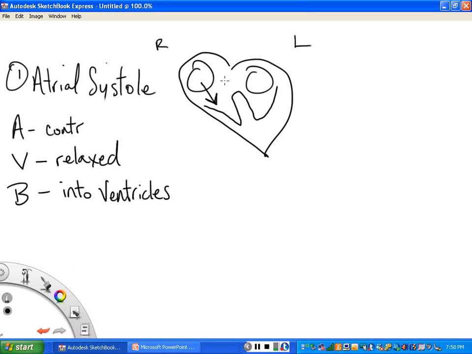What this step is doing is it's filling up the ventricles, right? Now tell me, is there a valve right here? Is there a corresponding valve on this one over here? What do we collectively call those valves? Good. Now you can abbreviate. We call those AV valves. And when the atria is in contraction and pushing blood down, these valves are in what position? Open or closed? These AV valves are open.